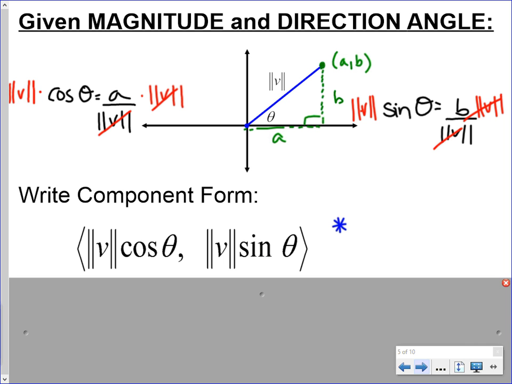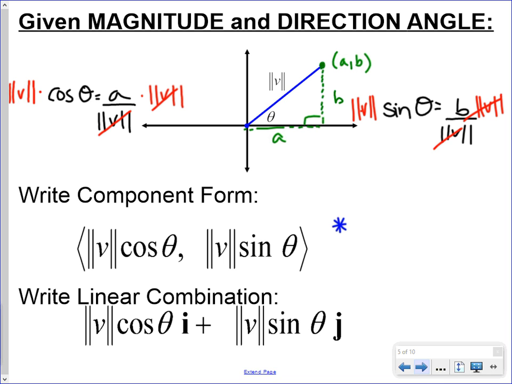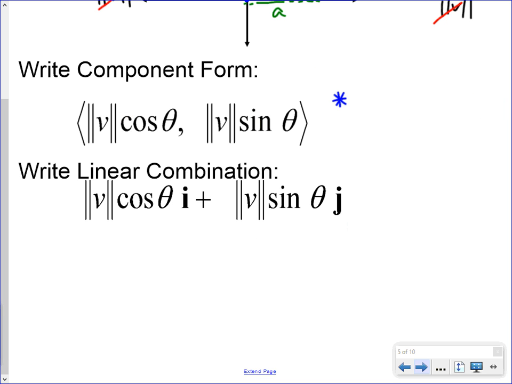If given the direction angle and the magnitude, you could write it in component form. Could you also write it in linear combination form? Remember, linear combination is the one where you're adding the two terms with the standard unit vectors i and j. So then these pieces here become the coefficients to i and j. So we also would be able to write it in linear combination form.